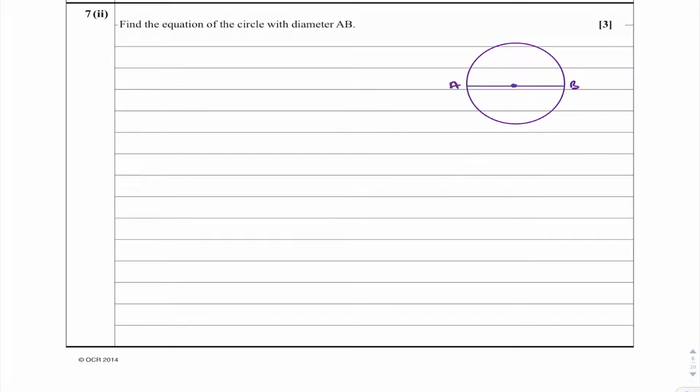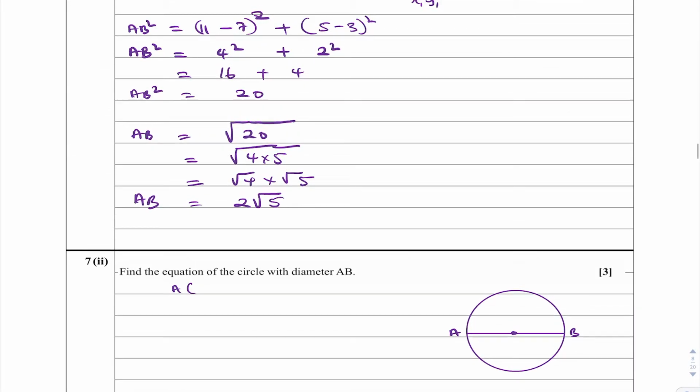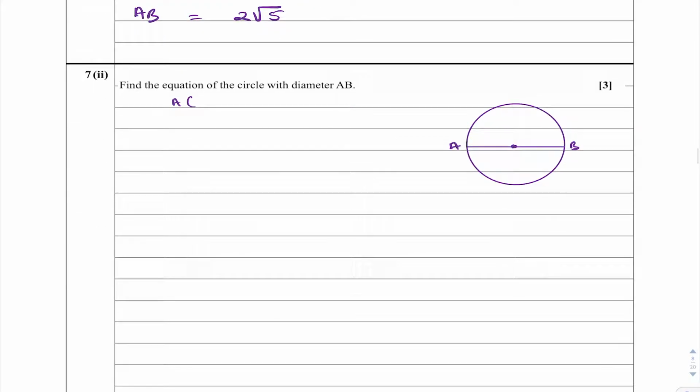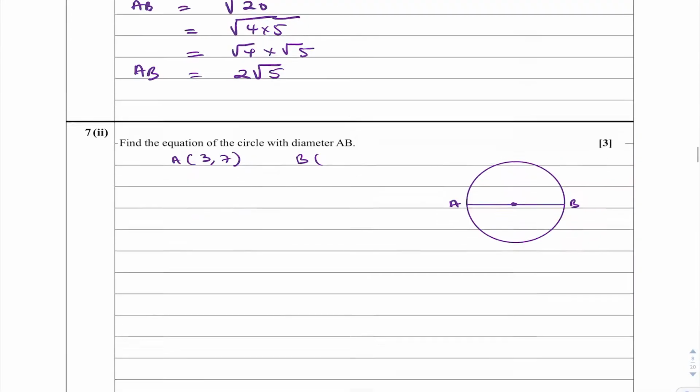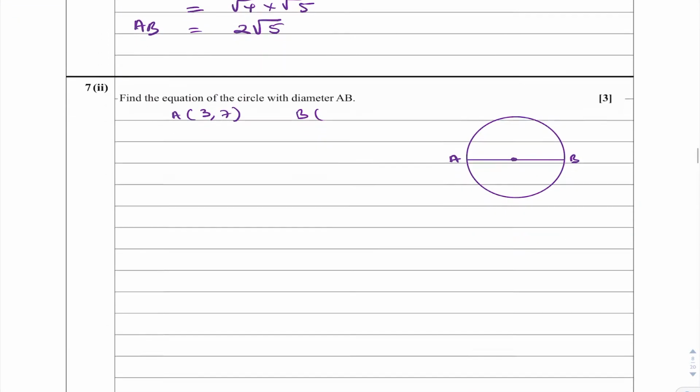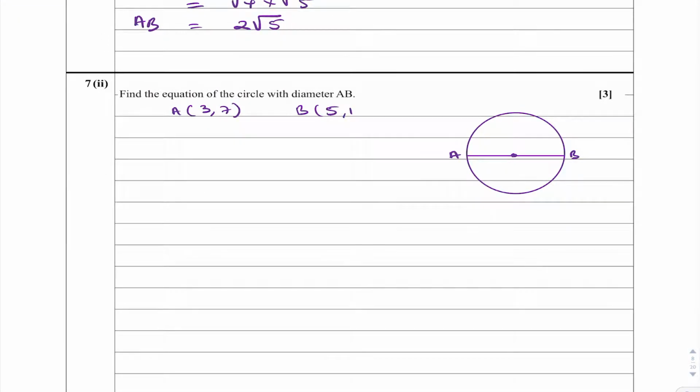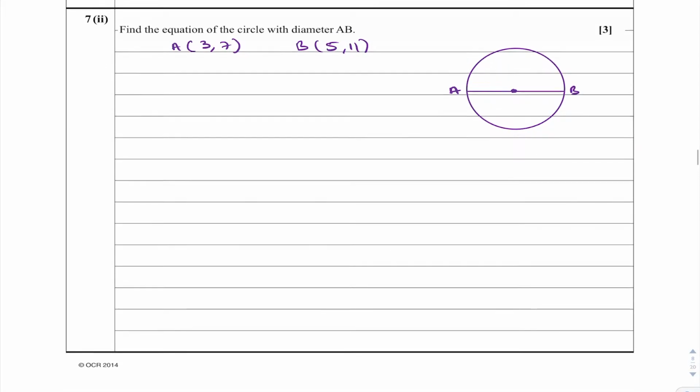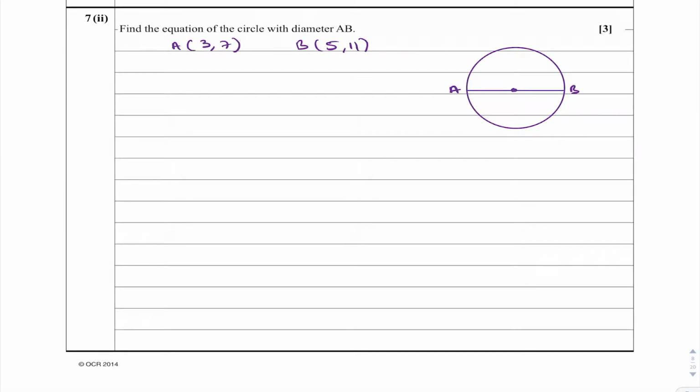And to find the midpoint of AB, remember A has coordinate 3, 7, and B has coordinate 5, 11. So I need to find the midpoint of these two. Midpoints are x2 plus x1 over 2, comma, y2 plus y1 over 2. So that's how you find the midpoint.